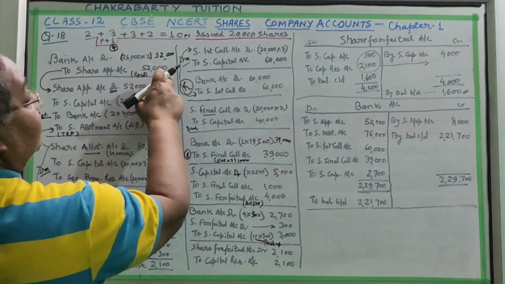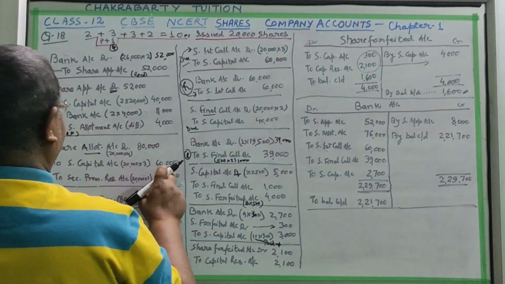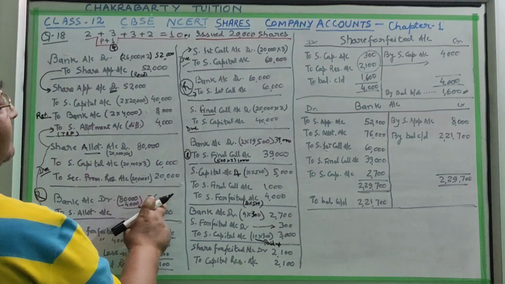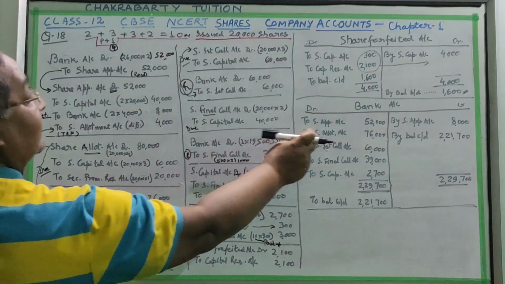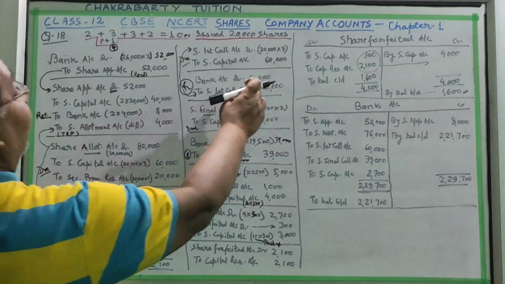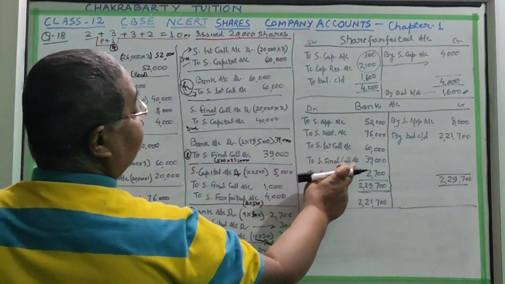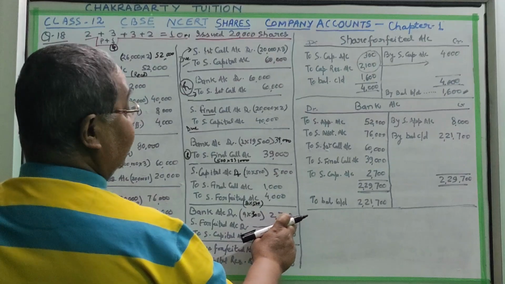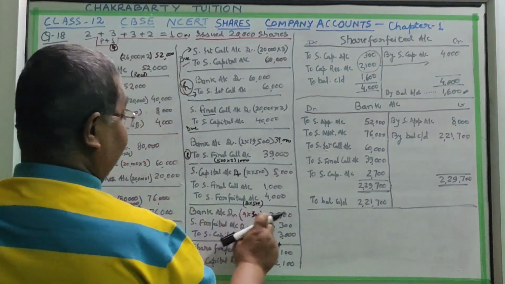First, 52,000 as application we have received. Then in allotment we have received 76,000. Then for first call we have received 60,000, and for final call we have received 39,000. And at the last, while reissuing the 300 shares, we have received this much, bank account debit.